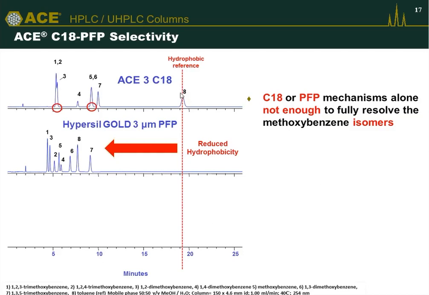And you can see toluene here marking the hydrophobicity of the stationary phase. Now, ACE don't make a small chain space of PFP. So for this example, we've used a Hypersil Gold PFP. And you can see when we did this separation, that's actually not a bad separation.